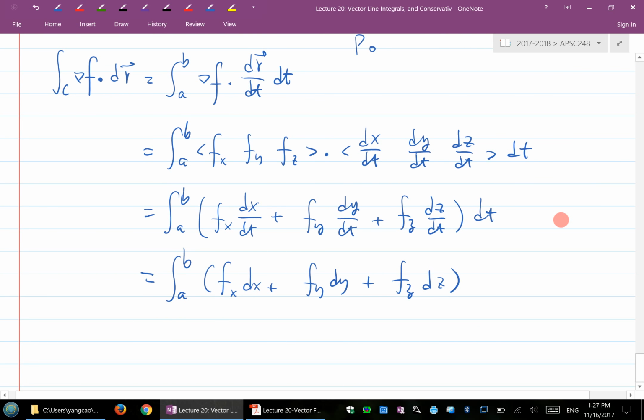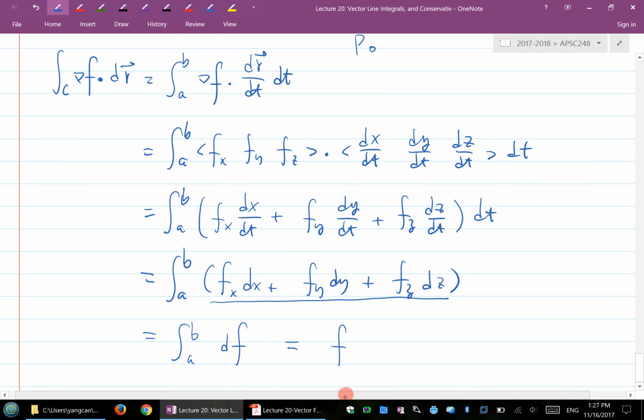And if you recall from the previous lectures, when we learned multivariable calculus and partial derivatives, this whole thing is the so-called total differential, right? So you're integrating df from a to b. Integrating d of anything gives you back that anything, so it'll give you back the function f.